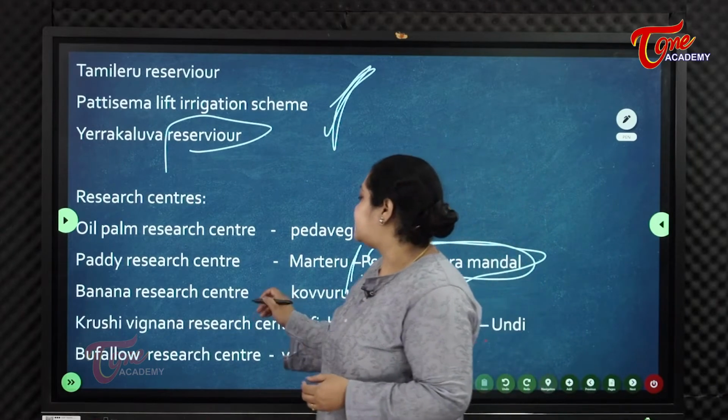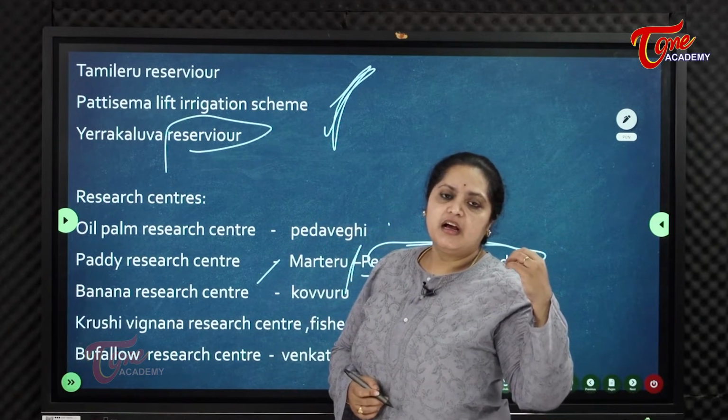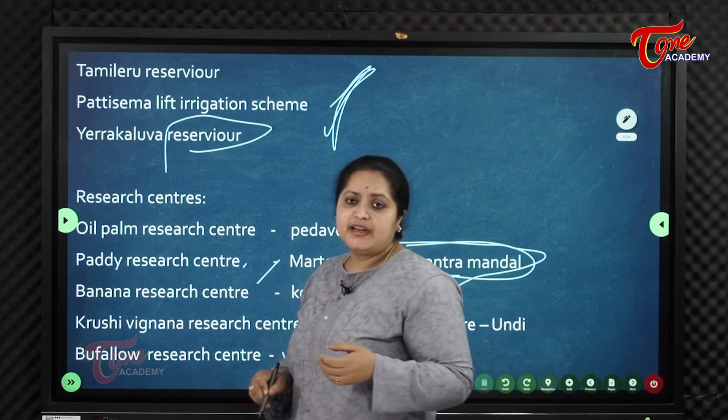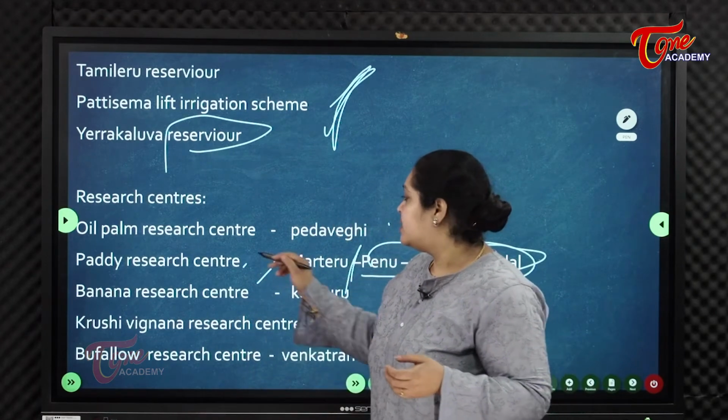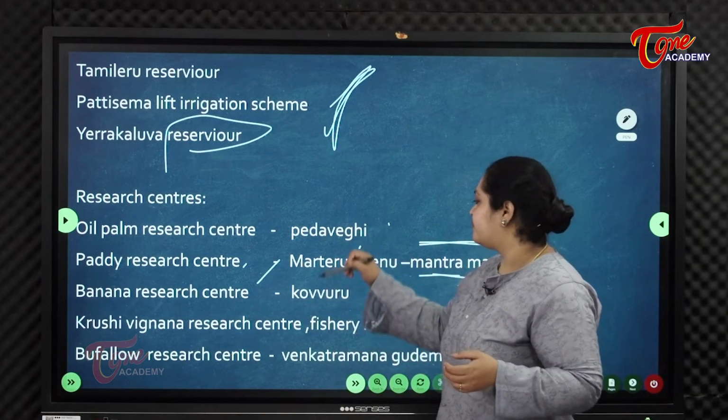Next, the banana research center. We have seen that in the uplands of West Godavari district banana, cashew nut and mangoes are grown. So there is one banana research center in Kovvuru.